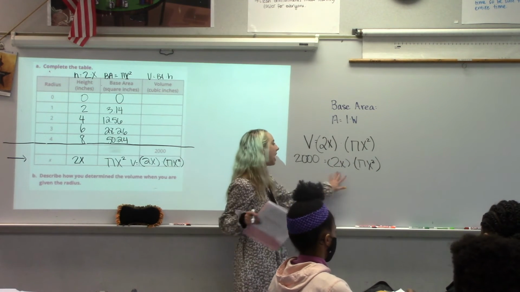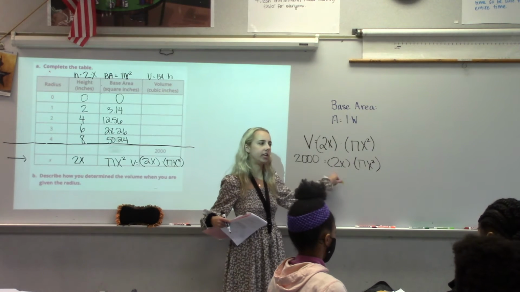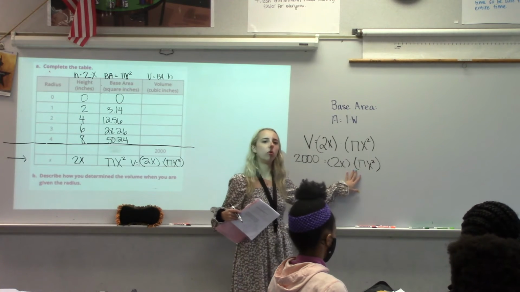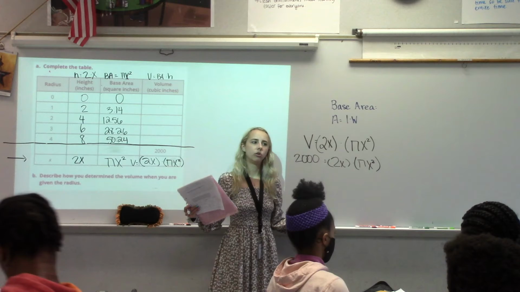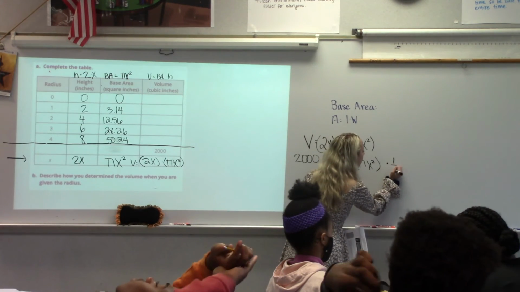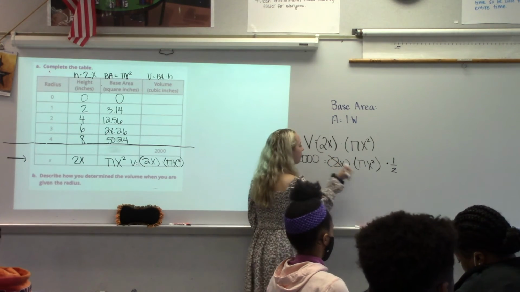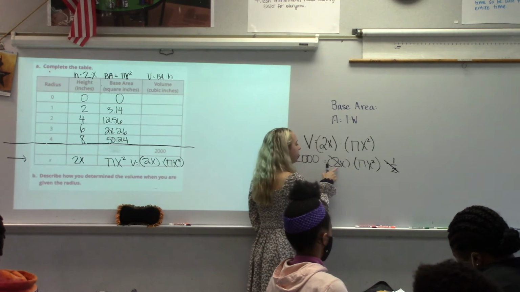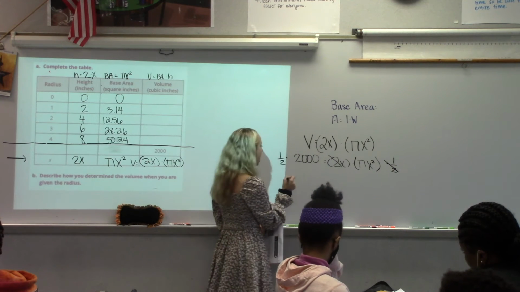So I could divide by the 2. Well, would I want to divide by the x, or do I need to keep my x's over here? But also think about, instead of dividing, what's something else I could do? Okay, we can multiply by 1/2 on both sides, and that would cancel out the 2. That would create a 1 by having the 2 divided by 2 on that side.